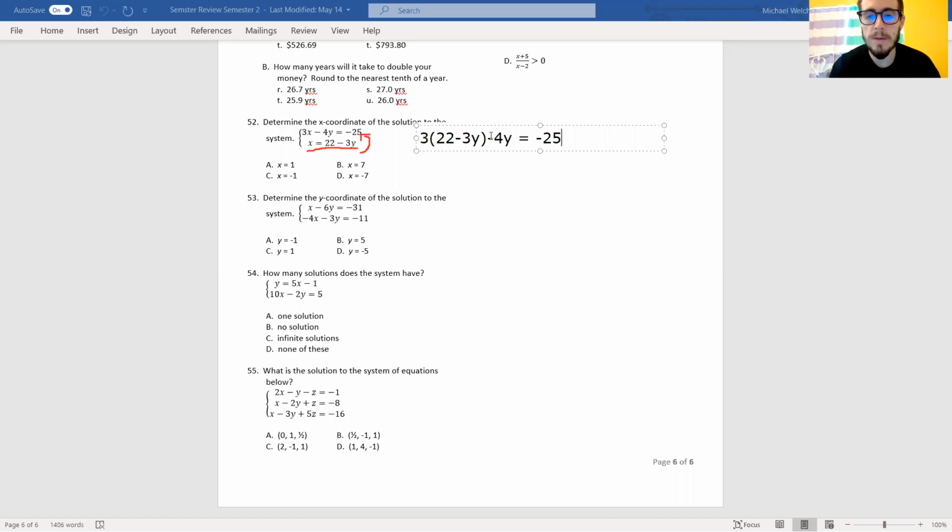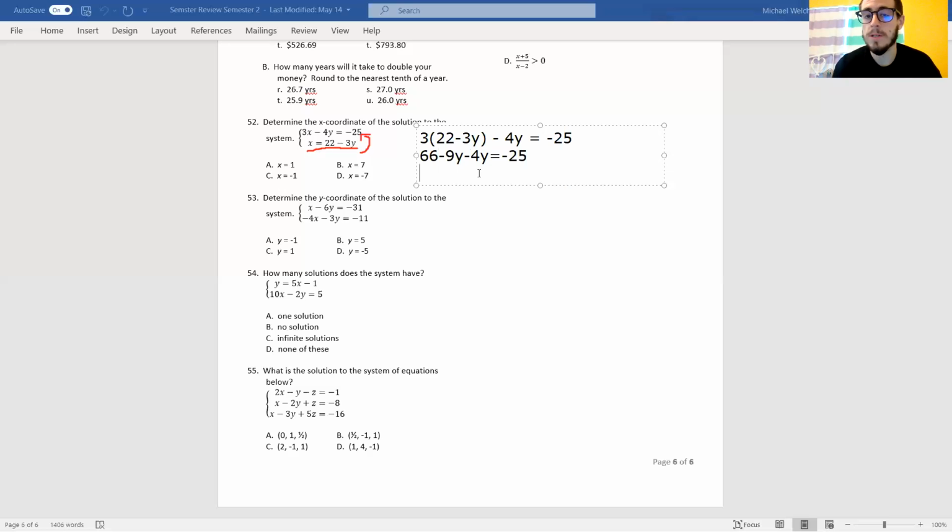Literally, I got rid of one of the variables, x, by substituting its value in. Now this is a linear equation with one variable which can be solved. So I'll distribute through: 3 times 22 is 66, minus 3 times 3y is 9y, minus 4y equals negative 25.